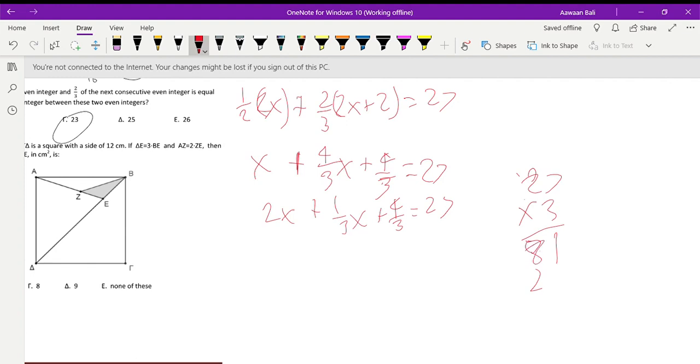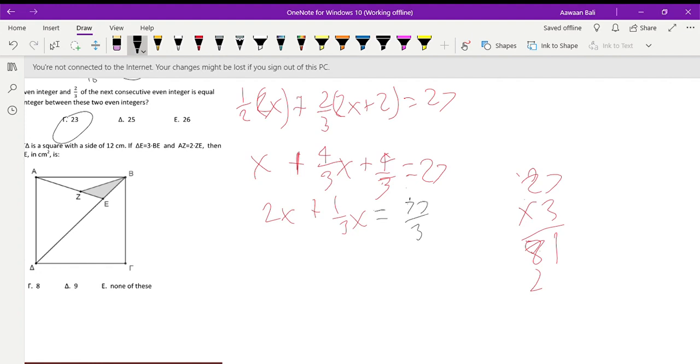So 2x plus 1 upon 3x, and we can put 81 upon 3 right here. Now we take the 4 upon 3 to the other side. So you have 77 upon 3.